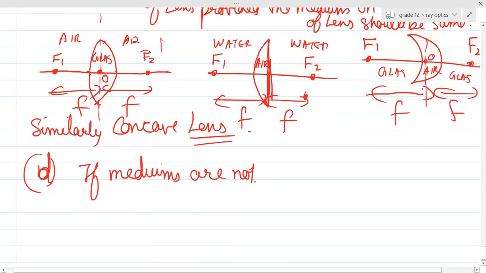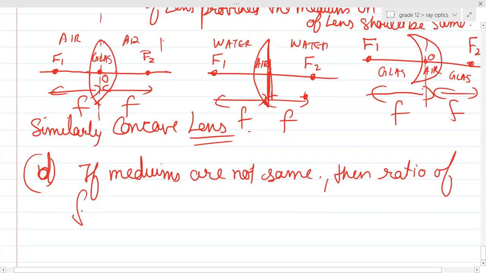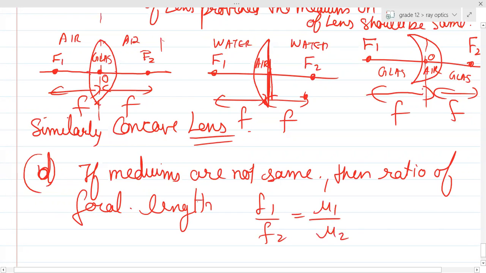If the mediums are not the same, then the ratio of focal lengths f1 is to f2 equals mu1 is to mu2.